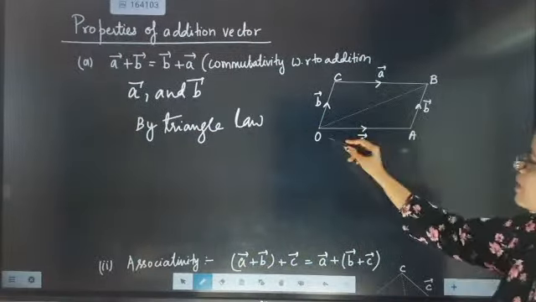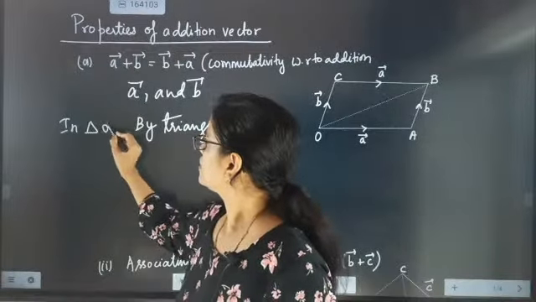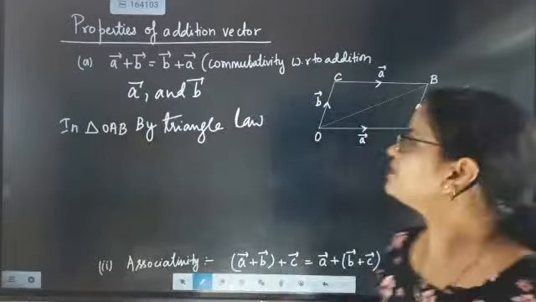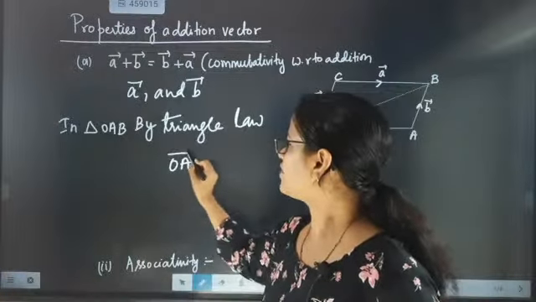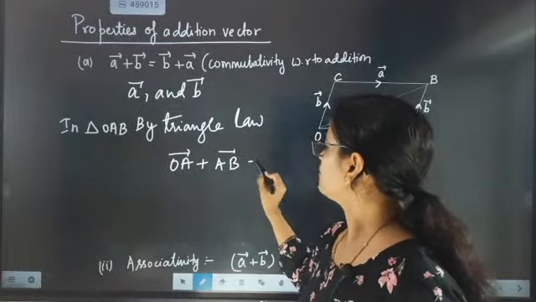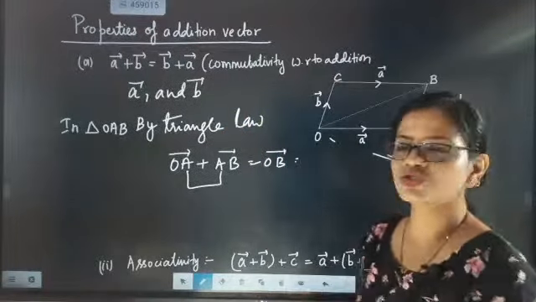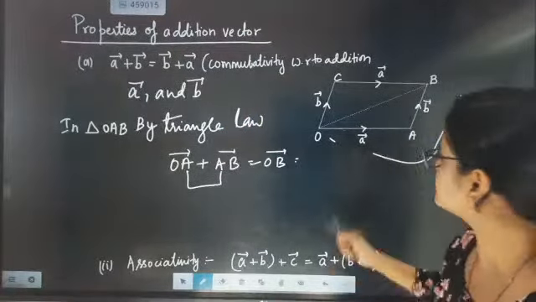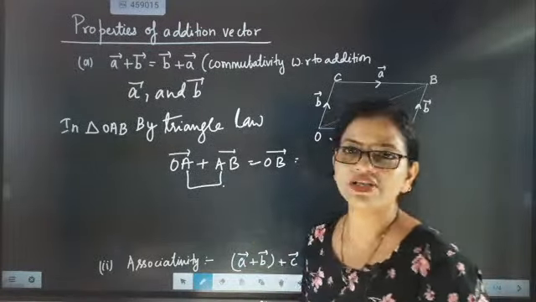In triangle OAB, by triangle law, shall we go as OA vector plus AB vector equals OB vector? Yes, we can go like this. Why? Because you see, A and A are merging. My arm is telling the entire story: my resultant is coming like this. OA, AB, A and A are the same, so OB vector.